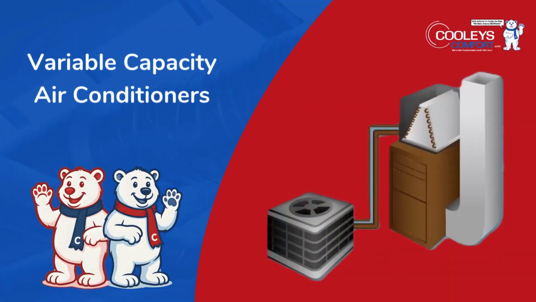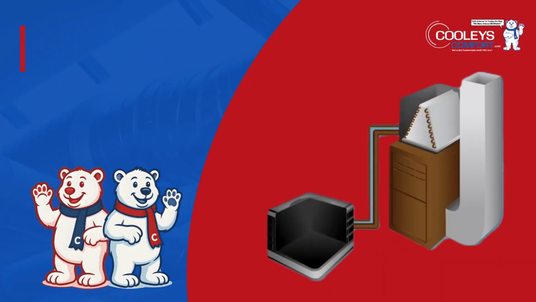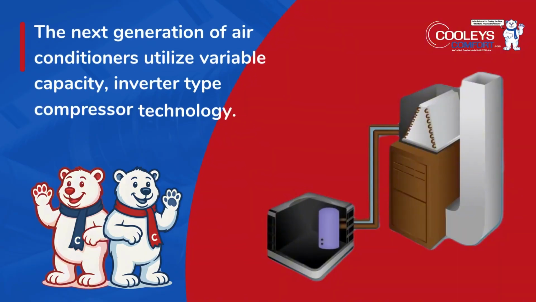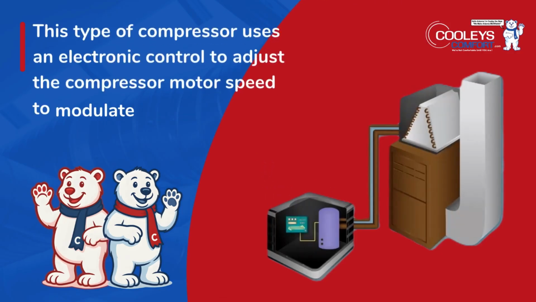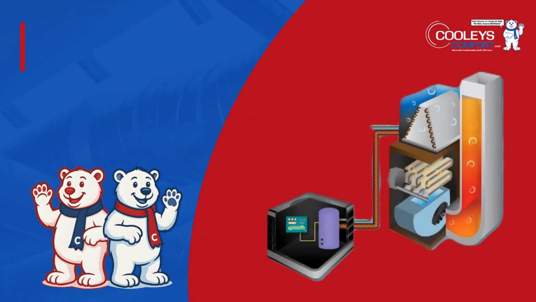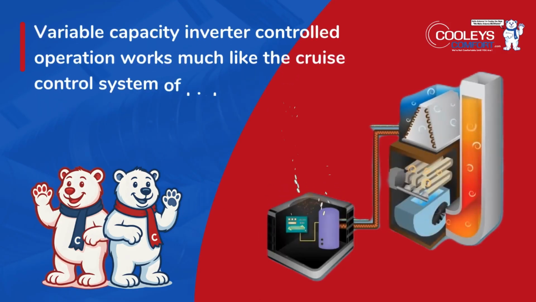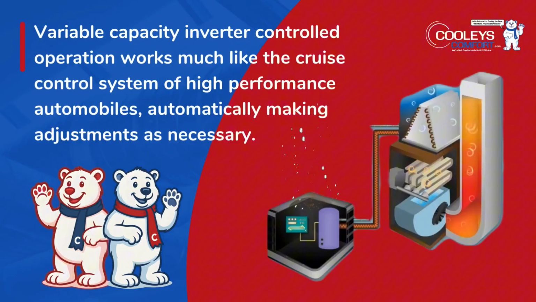Variable capacity air conditioners. The next generation of air conditioners utilize variable capacity, inverter-type compressor technology. This type of compressor uses an electronic control to adjust the compressor motor speed to modulate cooling capacity. Variable capacity, inverter-controlled operation works much like the cruise control system of high-performance automobiles, automatically making adjustments as necessary.